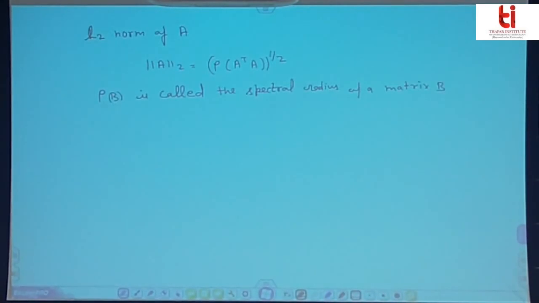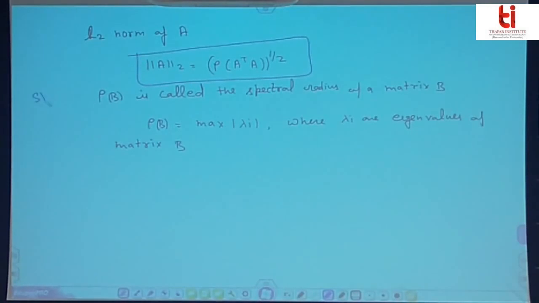So what is rho of B? Spectral radius means the maximum of the absolute values of lambda, where lambda are the eigenvalues of matrix B. So just keep in mind, rho of B is called the spectral radius of the matrix.